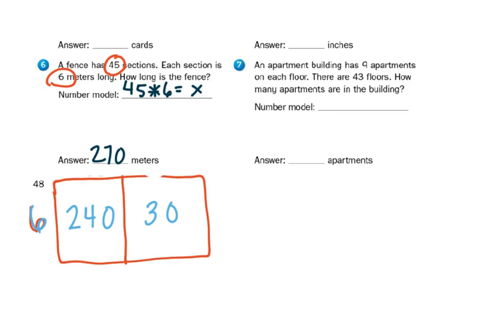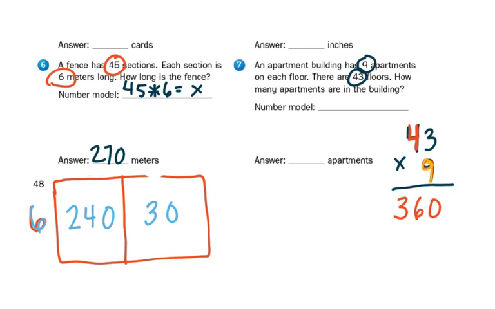And lastly, an apartment building has 9 apartments on each floor. There are 43 floors. How many apartments are in the building? Here I'm going to use partial products. I'm going to begin by multiplying 9 times the value of the 4. 9 times 40 is 360.